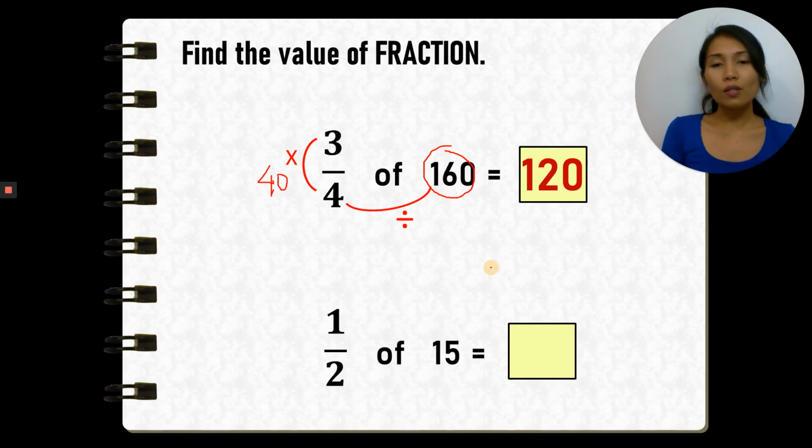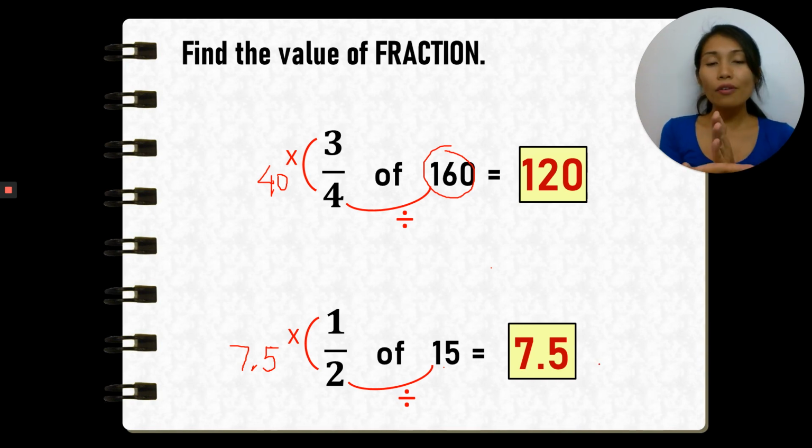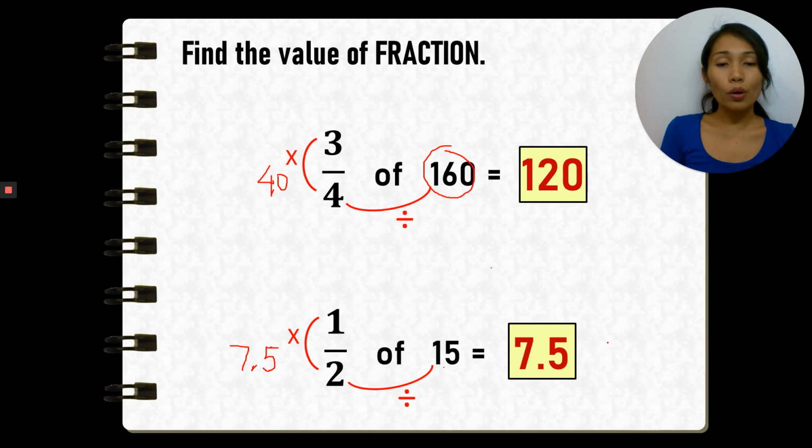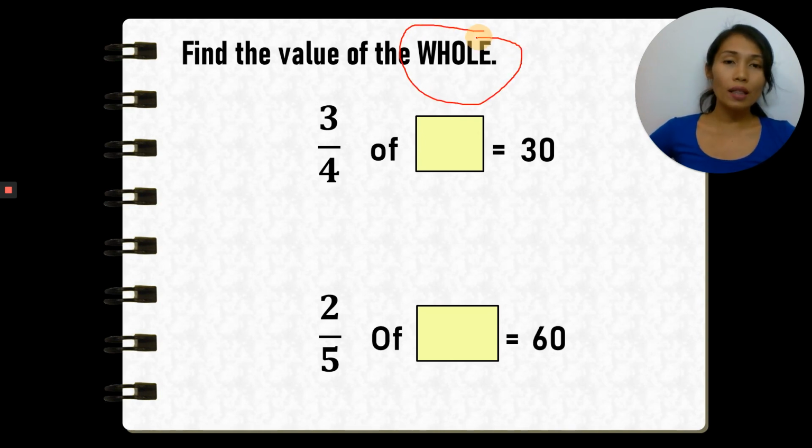Now let's try this one below. 15 divided by 2 equals 7.5. Now 7.5 times 1 equals 7.5. That means half of 15 is 7.5. It's correct, right? Now here we do the same, but here we are going to find the whole.